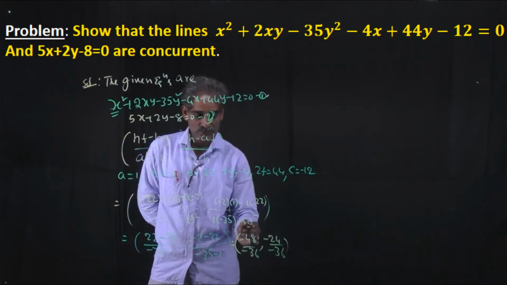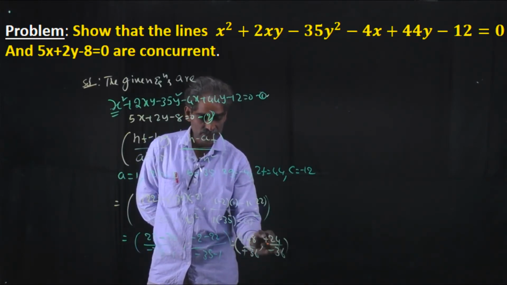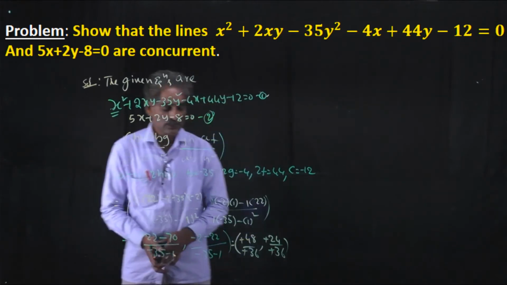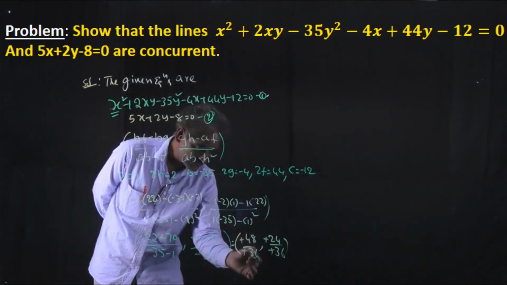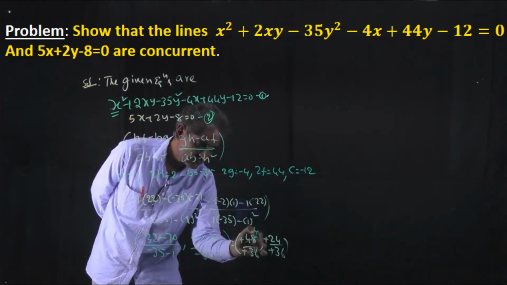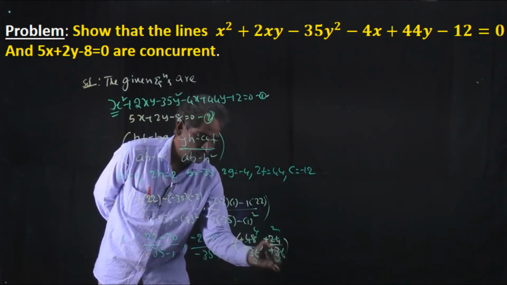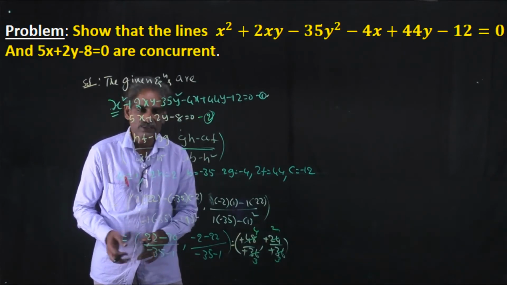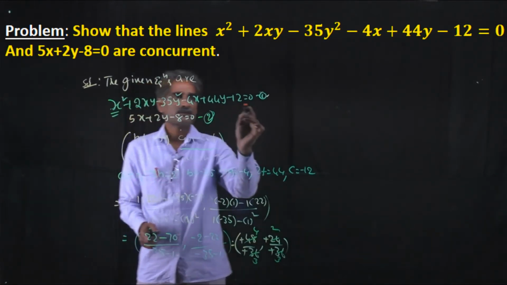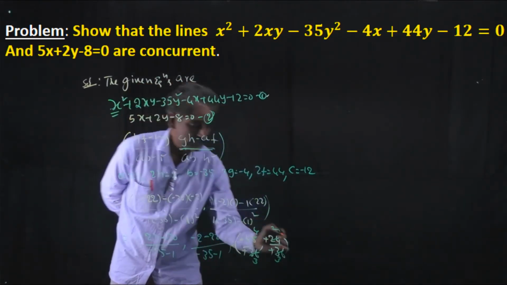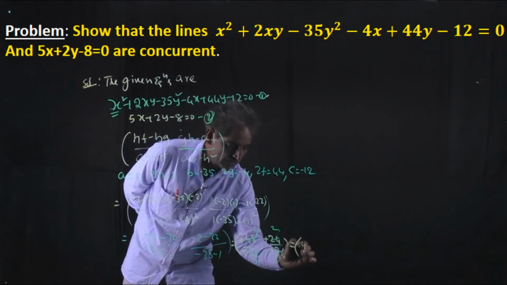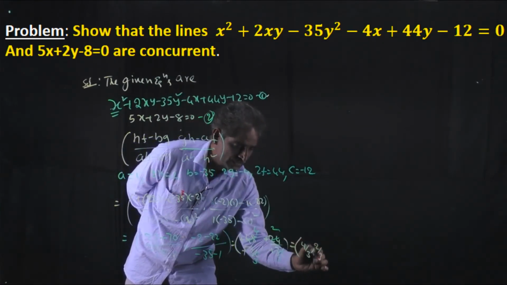Here the minus signs get cancelled. Understand? Now 12 fours are 48, 12 threes are 36, 12 twos are 24, 12 threes are 36. Therefore the coordinates of the point of intersection of 1 are 4 by 3 comma 2 by 3.